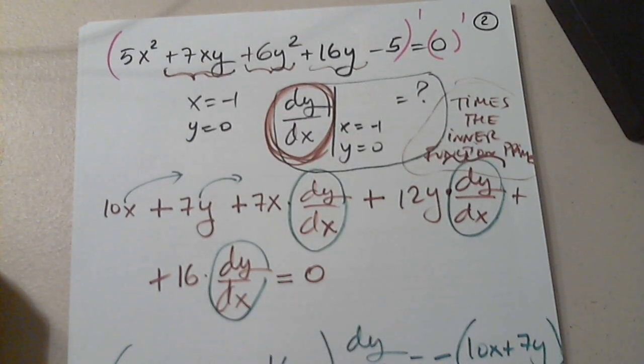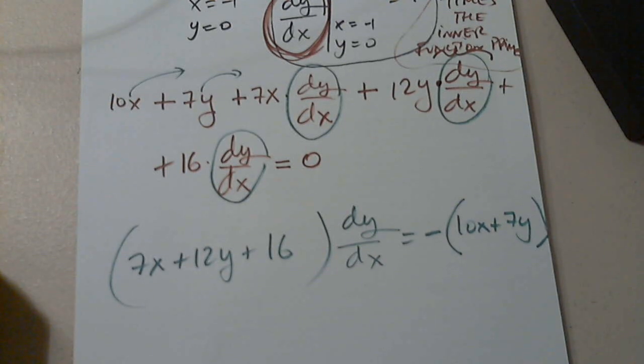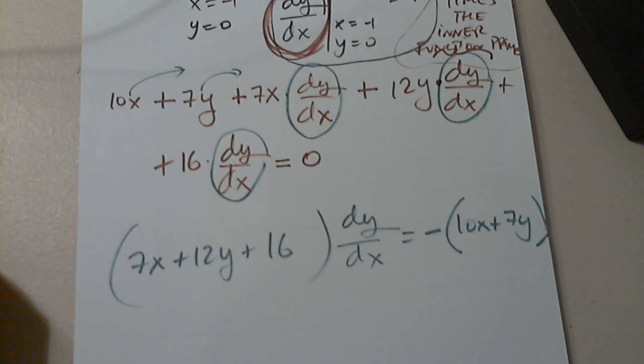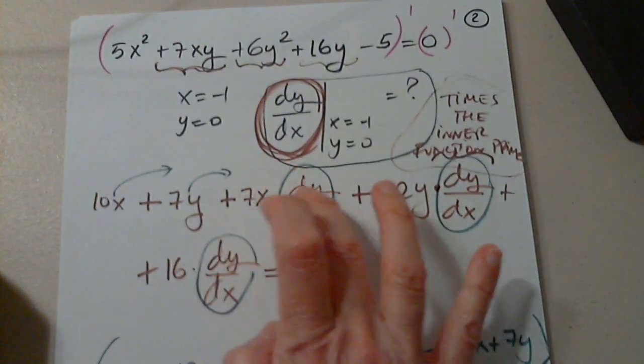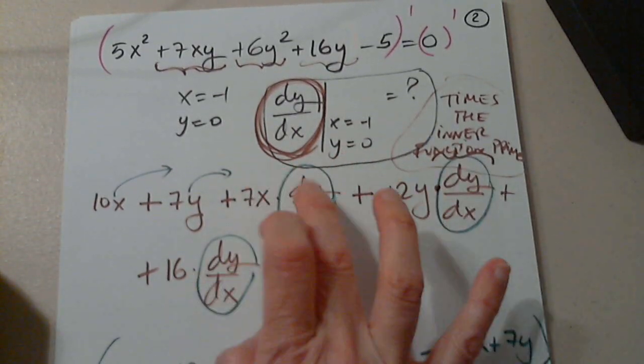Look at this and let me know if there is any question. Is this okay so far? I guess I'm kind of stuck on how we know what to put the 7x plus 12y plus 16 to the left of the problem. These 3 terms have the variable. Okay. Because I circled it.